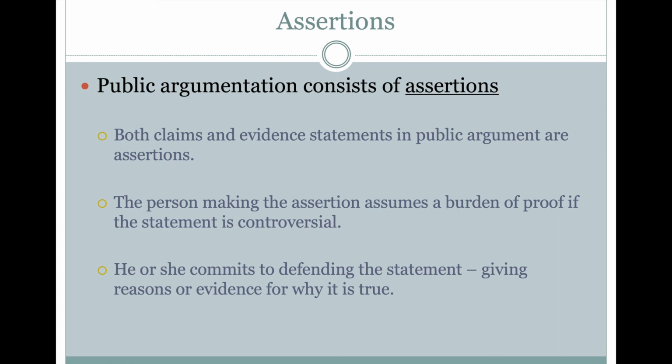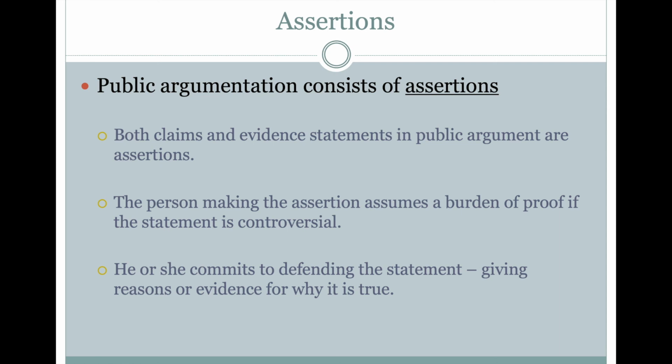So if I advance an assertion that would be a claim because it would be controversial, if I make a claim that other people would be likely to doubt or be looking for some evidence in support of, then by making that assertion, I have assumed a burden of proof. I recognize that the statement is controversial. I recognize that my assertion cannot stand on its own.